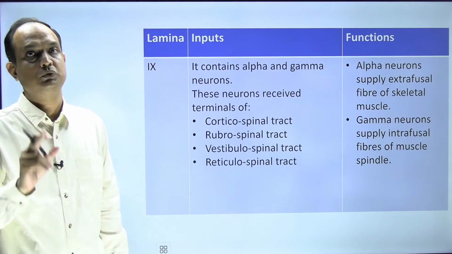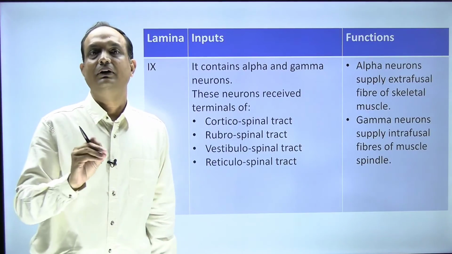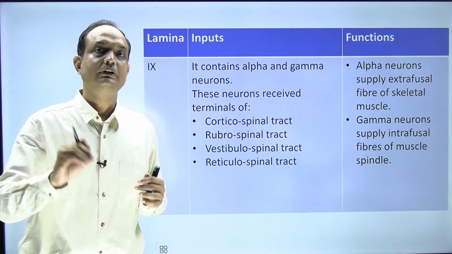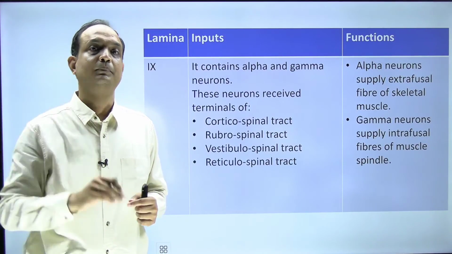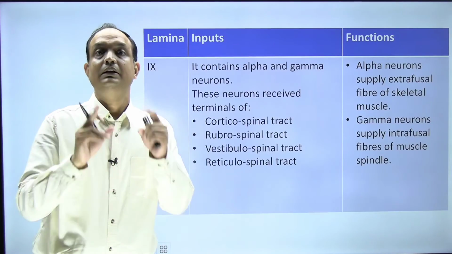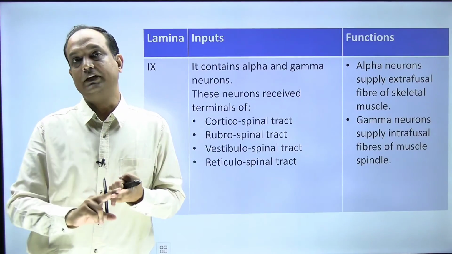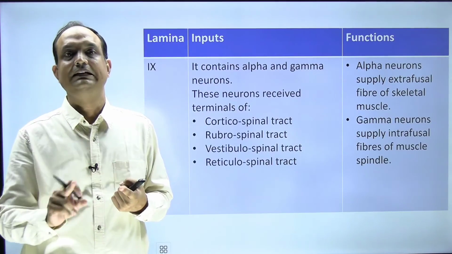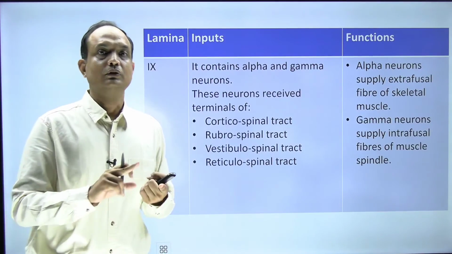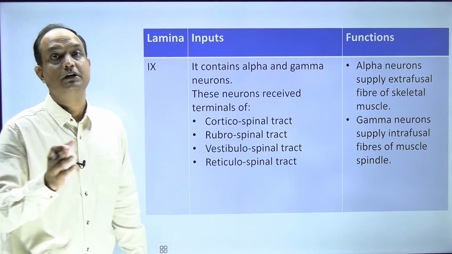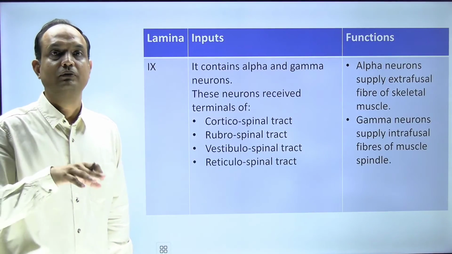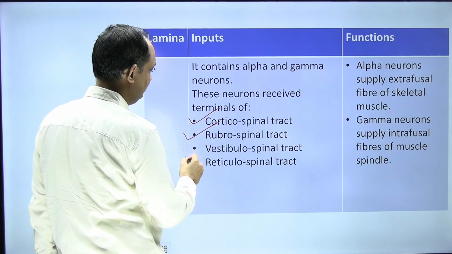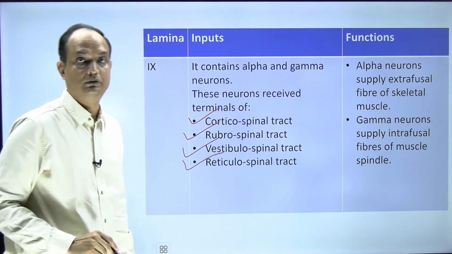But again, I just told you that whatever alpha motor neurons and gamma motor neurons are there, their output does not 100% approach the skeletal muscle. That output is first modified, and the modification is done by both ascending and descending tracts. The descending tracts which modify the output of alpha and gamma motor neurons are corticospinal, rubrospinal, vestibulospinal and reticulospinal.